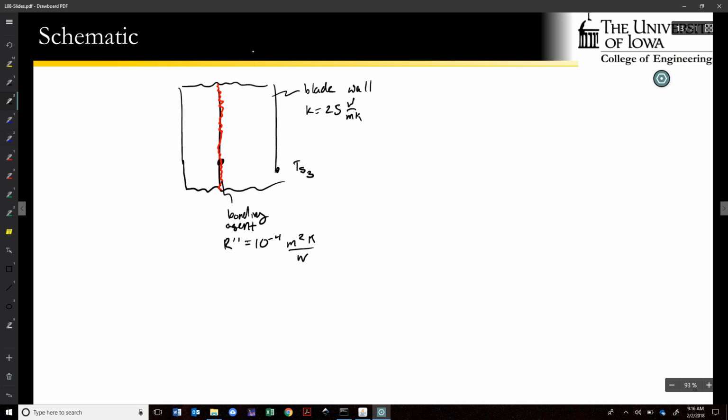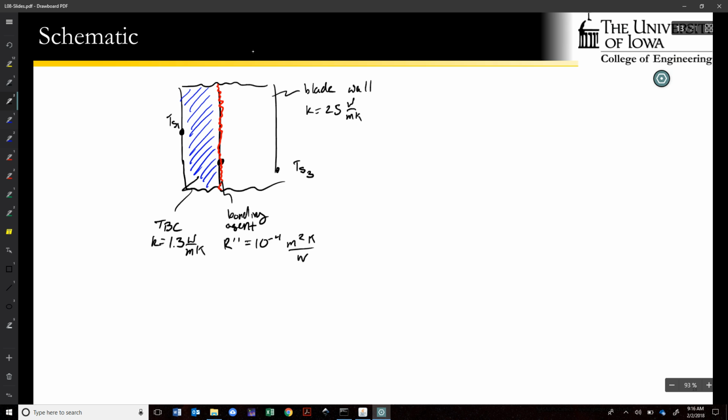And then we have our thermal barrier coating, or TBC, which has K of 1.3 watts per meter Kelvin, and is presumably at a significantly higher temperature, T_S1.